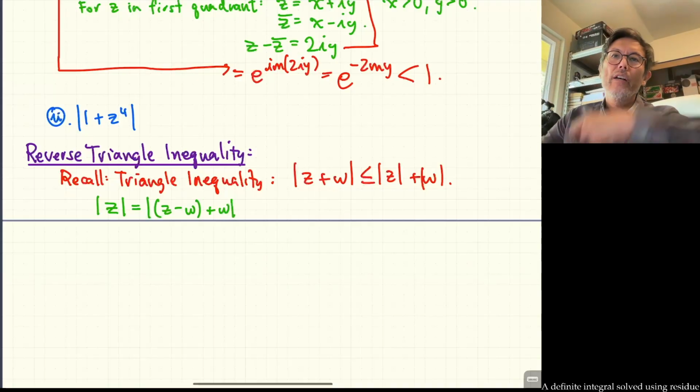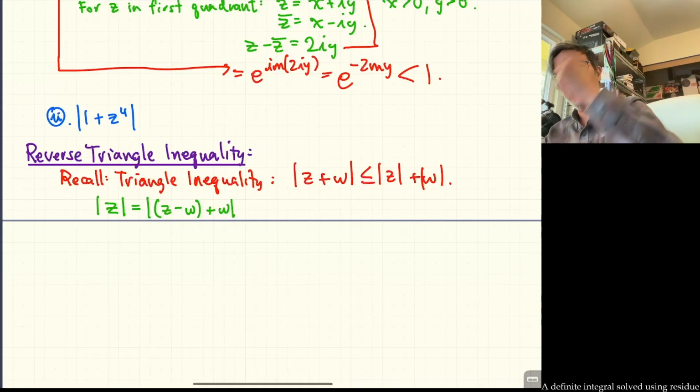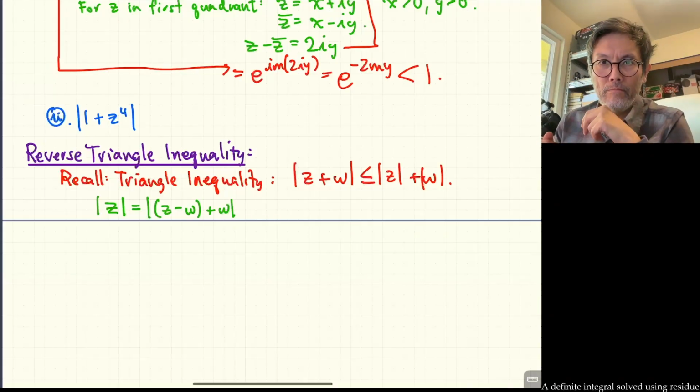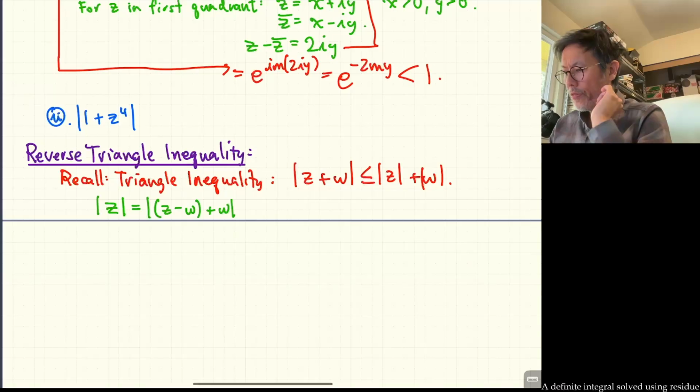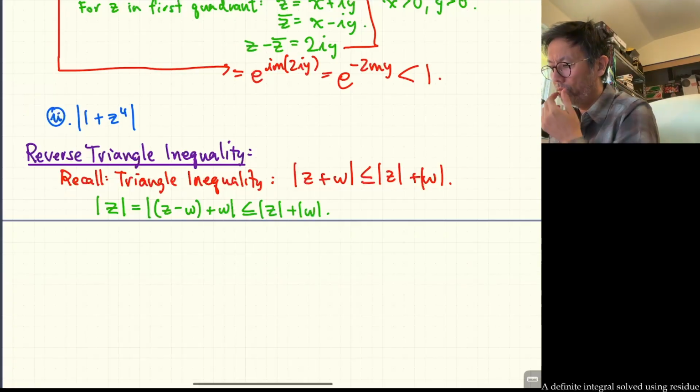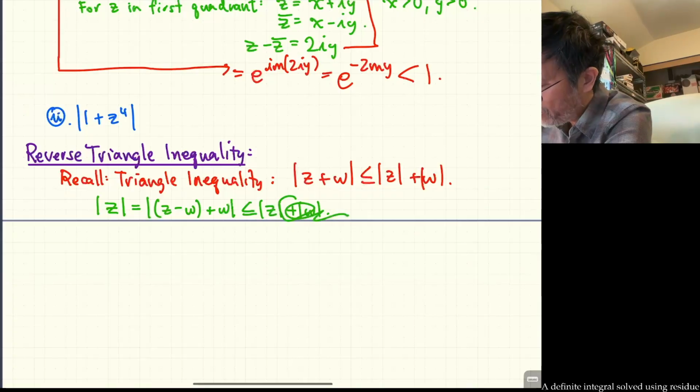It's the old subtract something and then immediately add it back in trick. And now this is less than or equal to, by the good old triangle inequality, the modulus of z minus w plus the modulus of w.